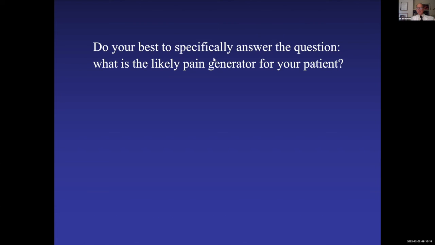One thing that we do see a lot on plain films are flexion extension views in the cervical spine and the lumbosacral spine, specifically looking for that, even if the patient's already had a cross-sectional imaging study, even if you've called the subluxation a spondylolisthesis, the degree of listhesis may change significantly between flexion and extension.